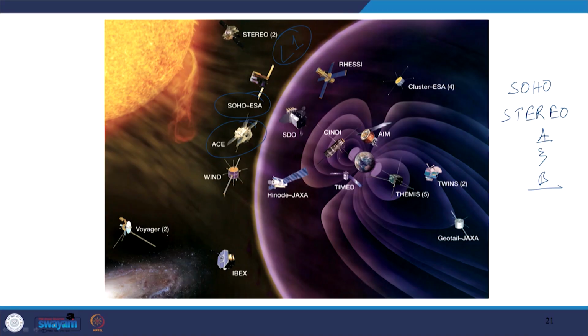And of course, we have to mention Voyager 2. Maybe at the time when this graphic was drawn, it was still in the solar system, but now we know that it has crossed the cavity of the solar wind, it is out into the open space. So, we have learnt the basic characteristics of the solar wind.